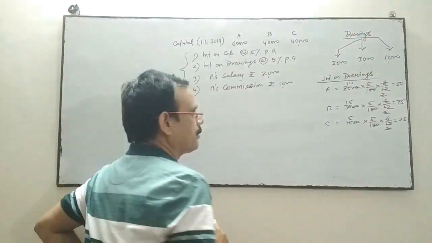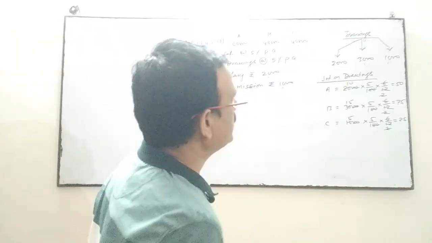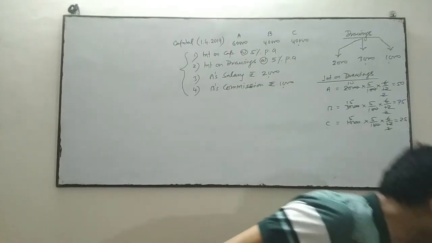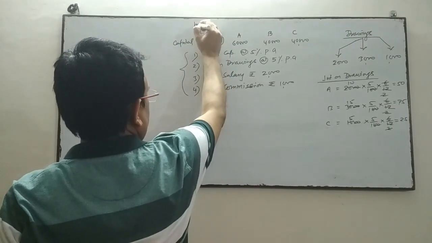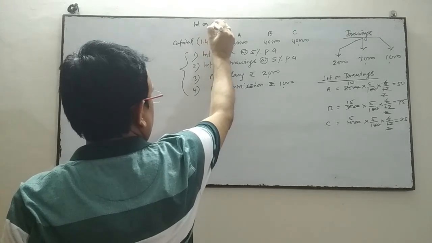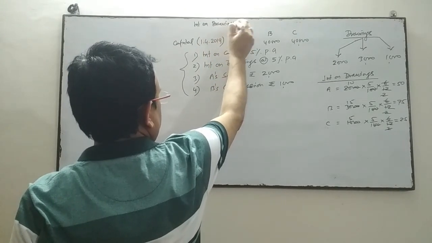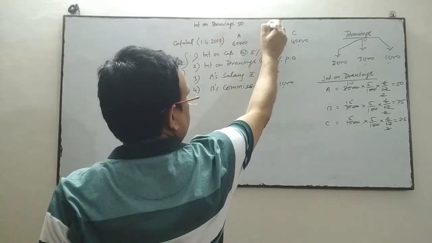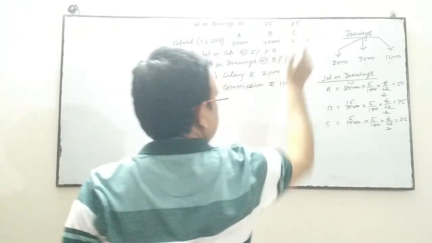So interest on drawing of A, B and C is 50, 75 and 25.